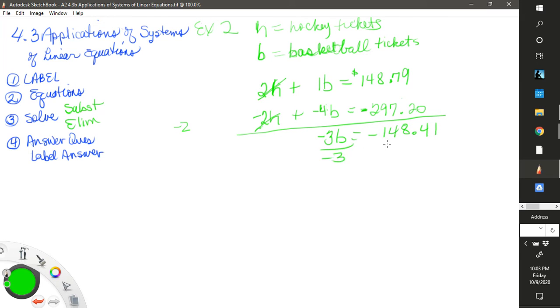Divide by -3, divide by -3. And I get a positive $49.47, and that's B. So that's my cost of my basketball ticket.